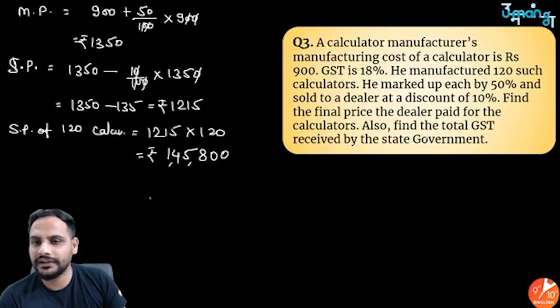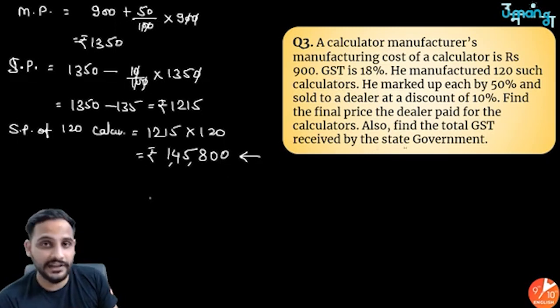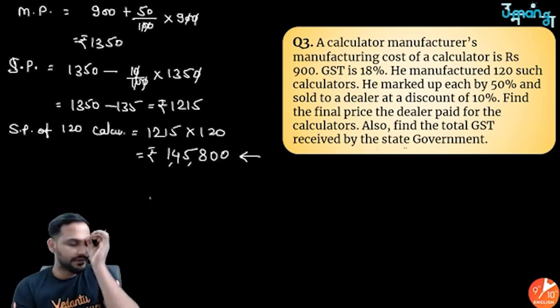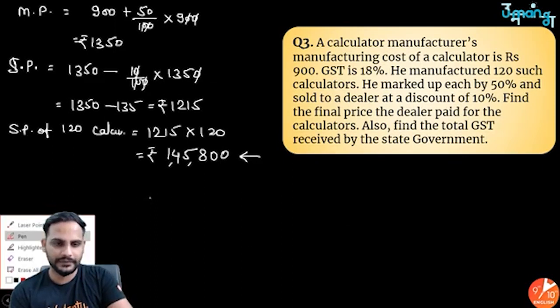Now they are saying the GST here is 18 percent. They are asking me to find the final price the dealer paid for the calculators.